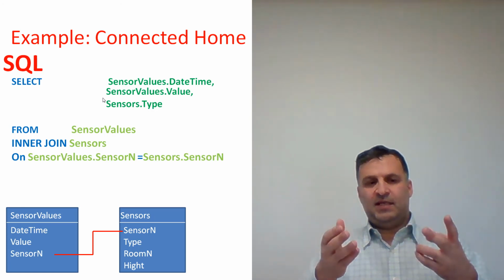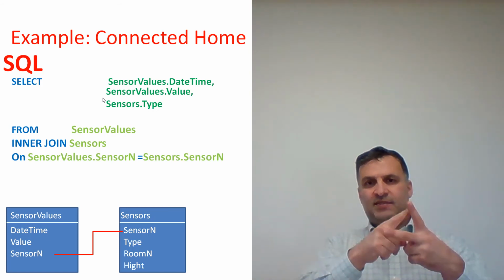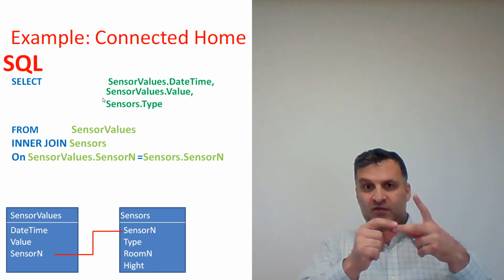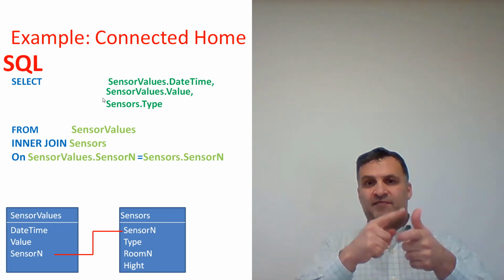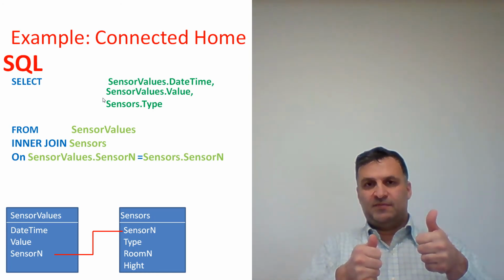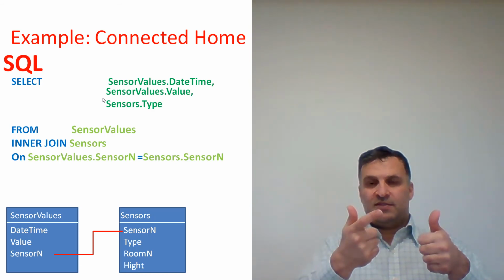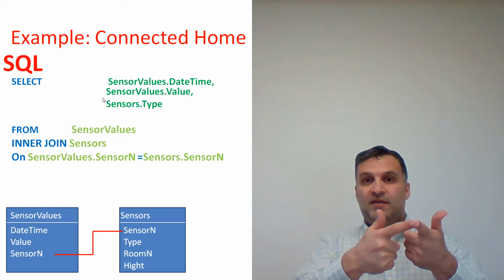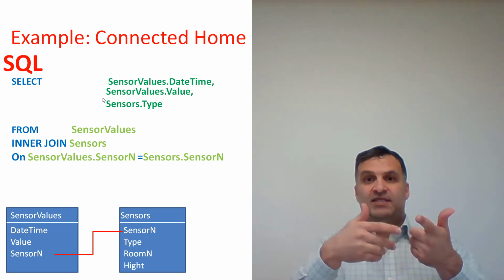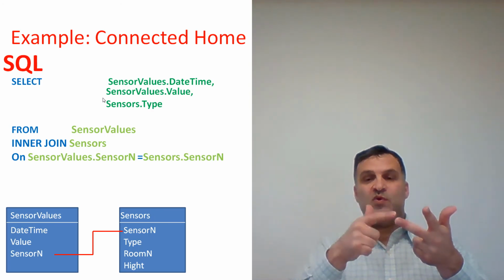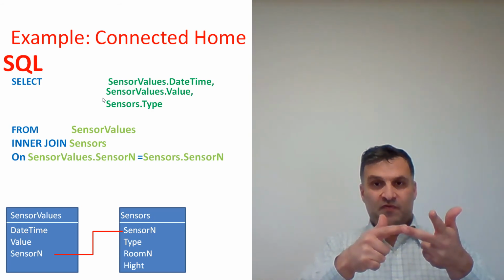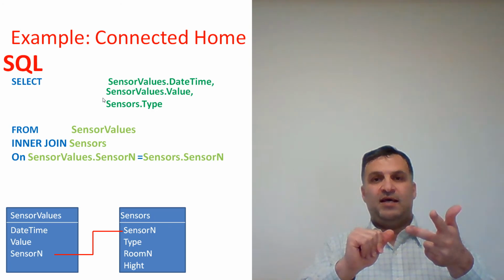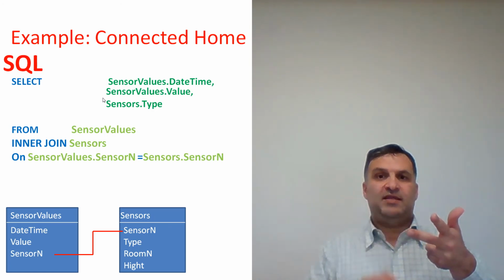In the proposed example, we have 2 tables, sensors and sensor values. In sensor values, we have the date time, the value, and the number of the sensor. In sensors, we have the number of the sensor, the type, if it is temperature or humidity, etc. And we also have the number of the room in which we put the sensor, and the height at which we fixed the sensor.